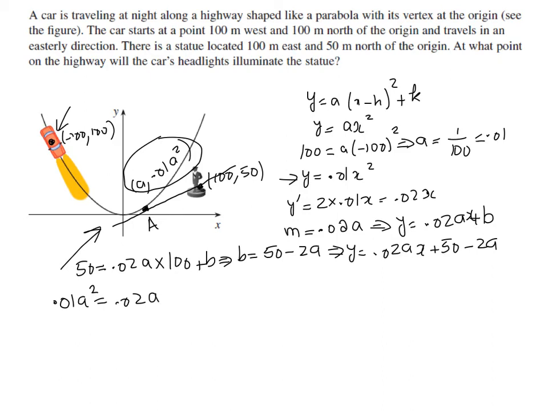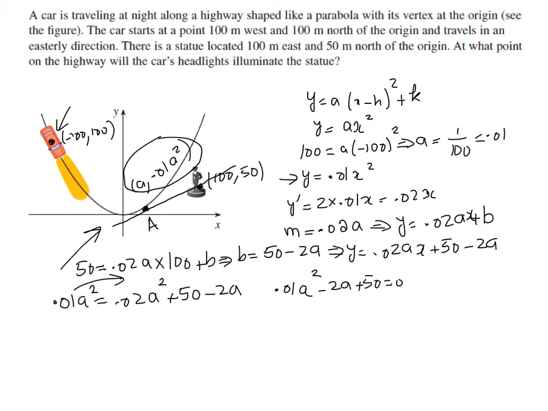X is a, so it becomes a squared plus 50 minus 2a. I'm going to move this one to the right. 0.02a squared minus 0.01a squared becomes 0.01a squared minus 2a plus 50 has to be equal to 0.